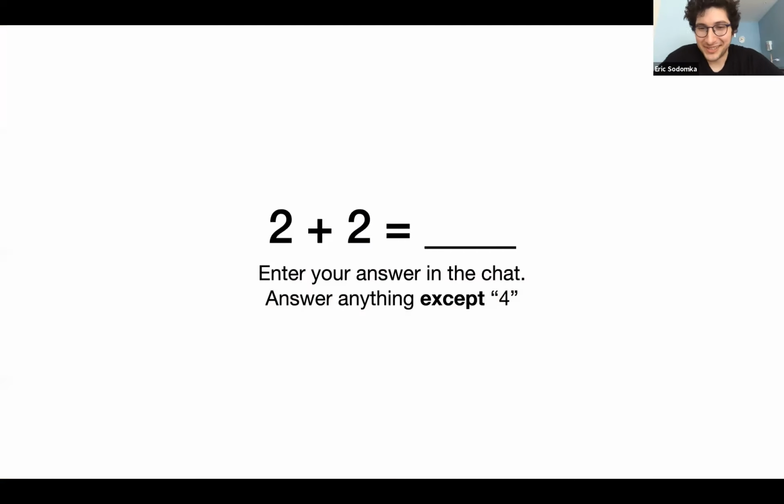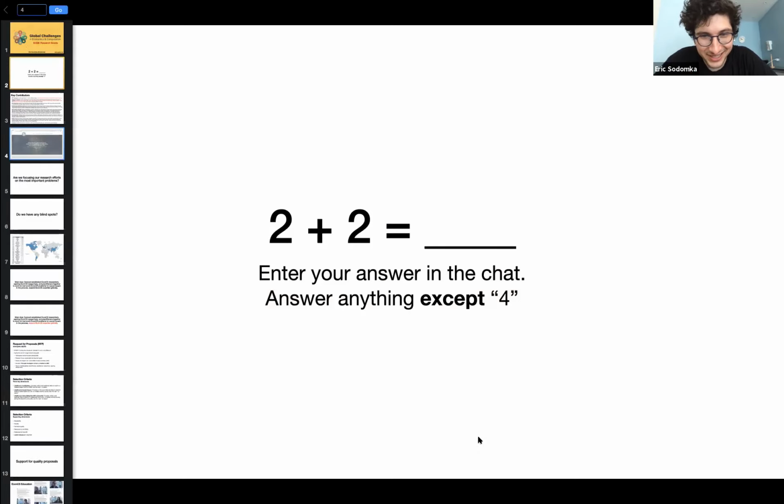Here's the first piece of interactivity, just to make sure that you're able to do it. Everyone answer in the chat to this question, including myself, if I can do it while I'm sharing screen. 2 plus 2 equals whatever you want.